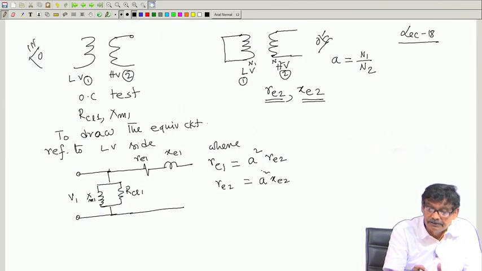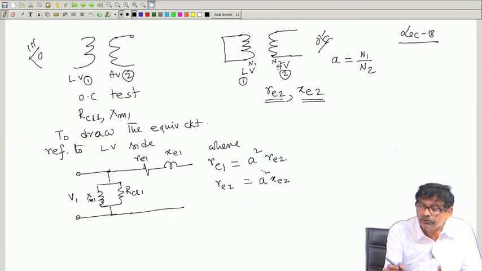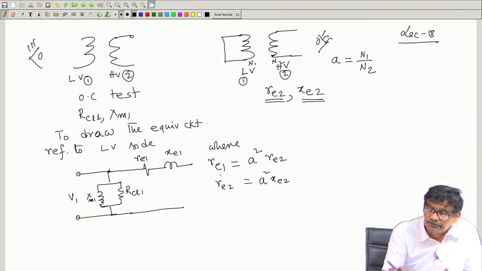This you have to do, then put it here. So these values should be transformed correctly, then write them here.